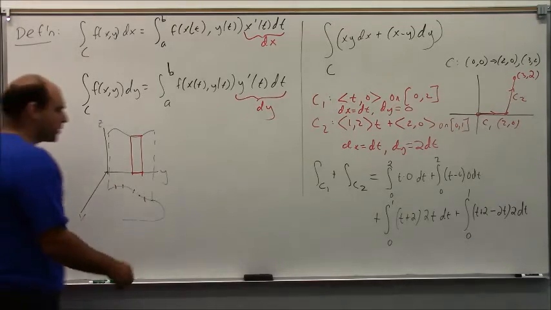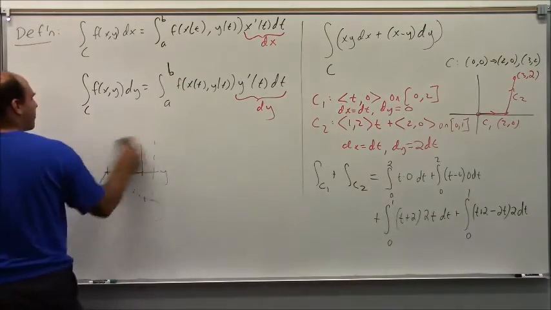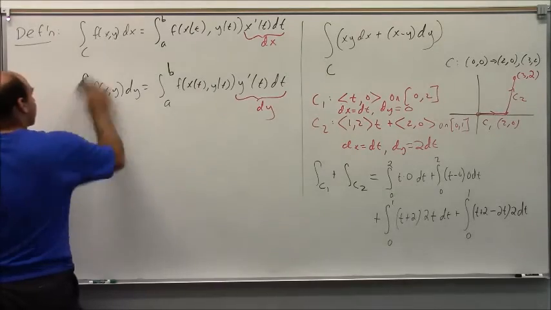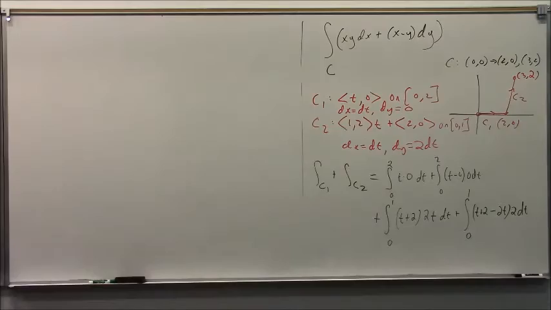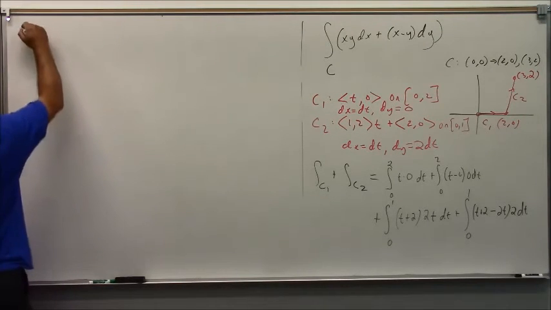And as you might expect, we can also do this same stuff in R3. I'm not going to do an example of that right now, but be aware that you can bump this up a dimension as well. Now here's a convention that we need.